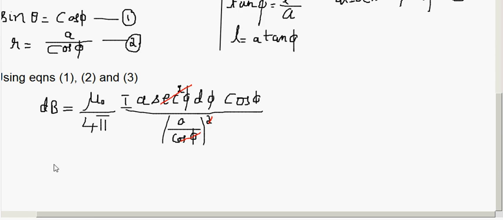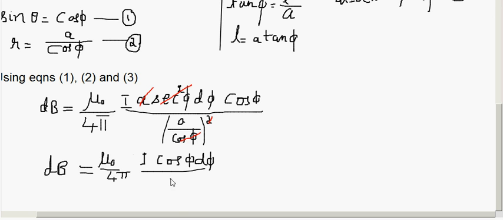Now dB becomes equal to mu naught by 4 pi into I, one A also cancels here, so mu naught by 4 pi into I cos phi d phi divided by A.